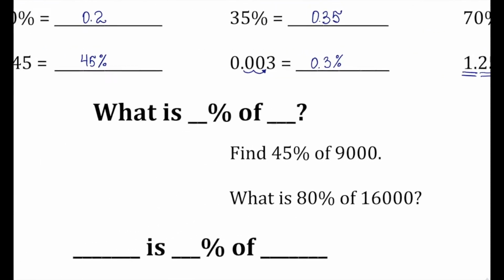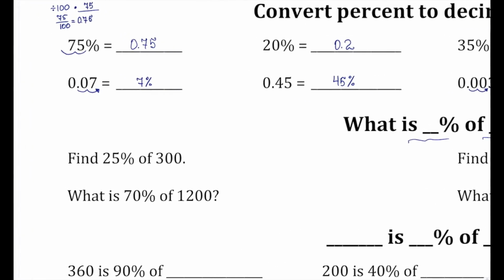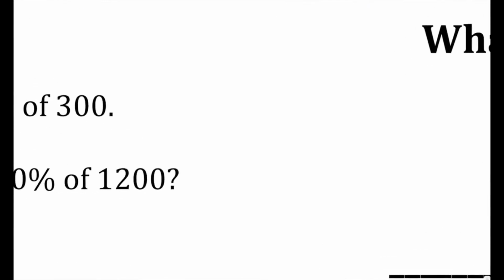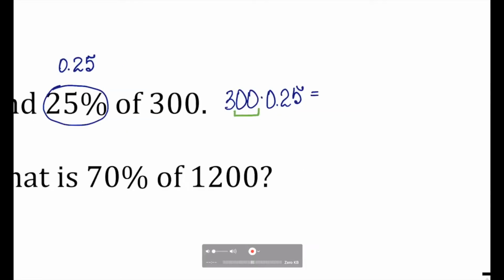Now, what is something percent of something? When you're finding percent of a number, you're multiplying by that decimal. So think about what 25% is represented as a decimal. That's 0.25. So when I'm finding 25% of 300, all I'm doing is taking that 300 and multiplying it by 0.25. And here's a trick.